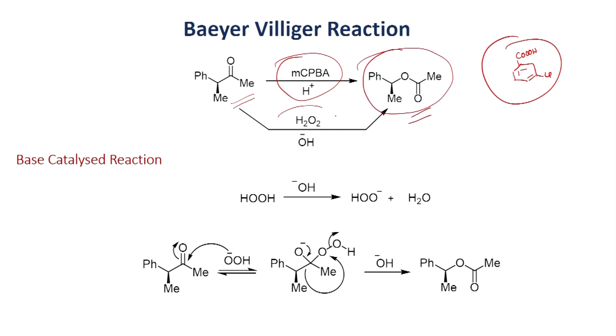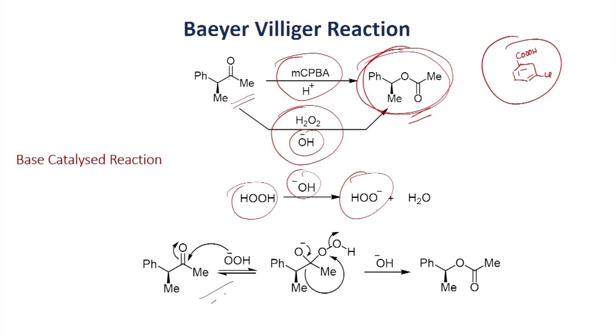You can also react with hydrogen peroxide in the presence of base, and it can also produce the ester. When you treat hydrogen peroxide with base, you will be able to generate this nucleophile, which can undergo addition reaction followed by rearrangement to give this ester.